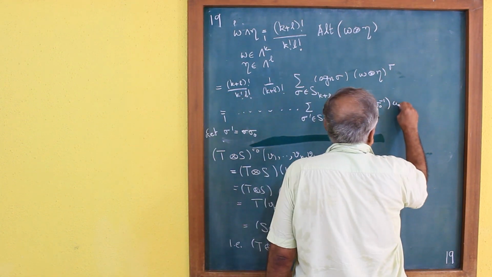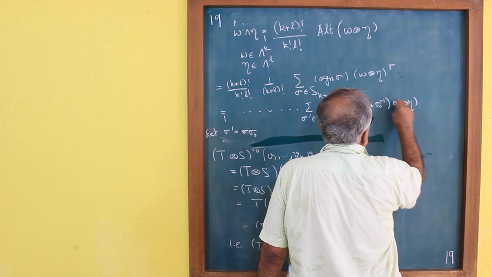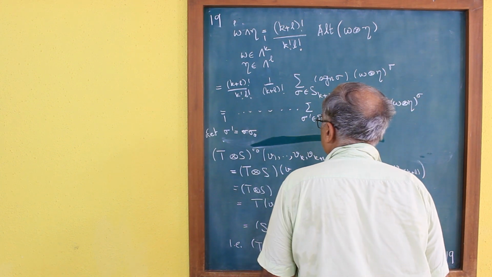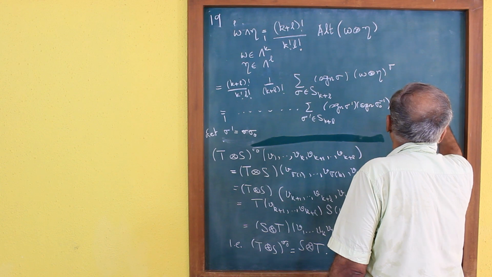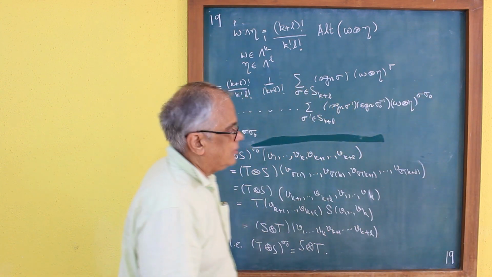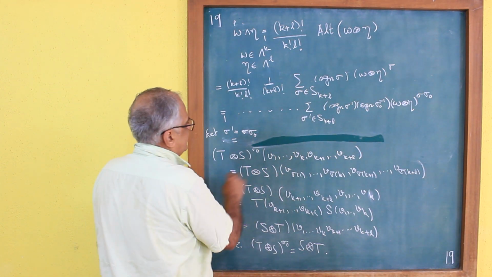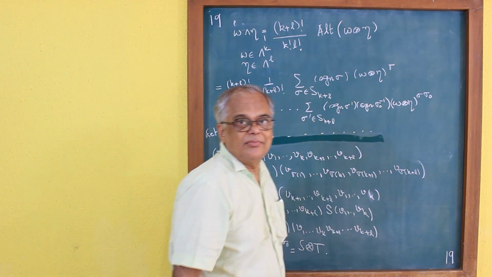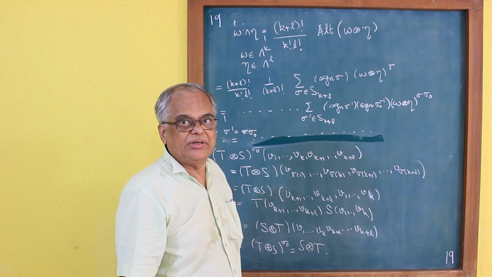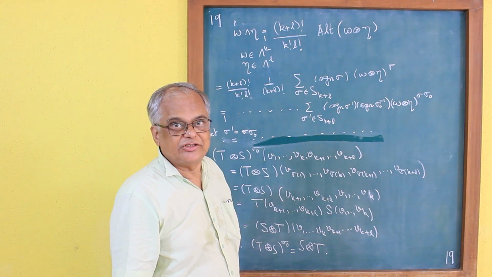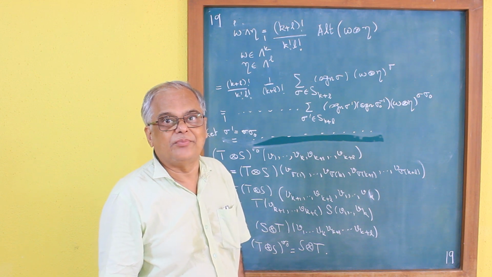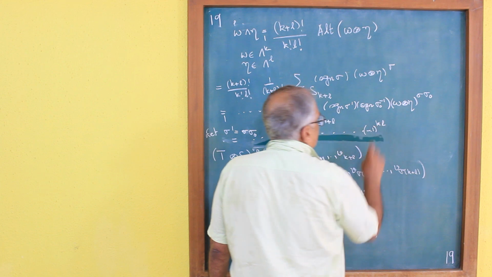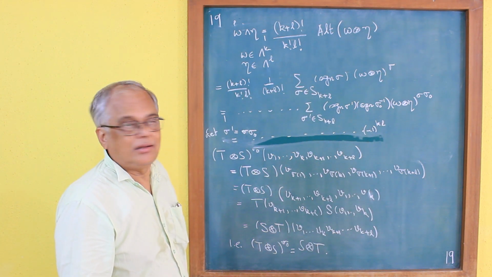Remember, the sign of the inverse of a permutation is the same as the sign of the permutation, and we have just said that the sign of sigma naught is minus 1 to the kL.